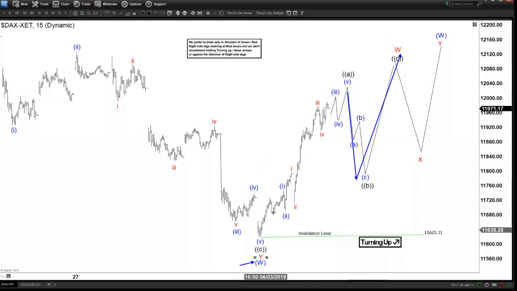If this is 5 waves, you can call this with A or with 1, doesn't matter, then at least we should get a wave C or a wave 3 as long as the pullback stays above 11,625. That's what we can conclude with a higher degree of probability. So at least a 3 bounce can be expected in the DAX.